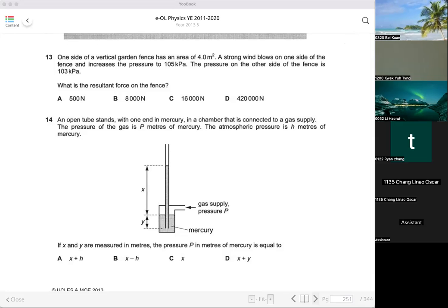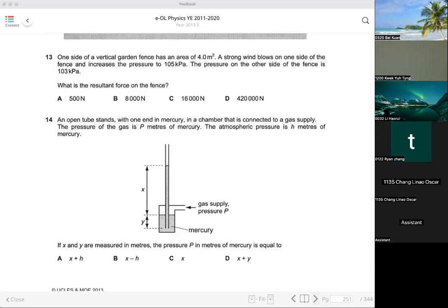Okay, I got my answer already. Huaxing, I'll ask you, for the pressure P to be able to push the mercury up like this, would the gas pressure be greater or less than the atmospheric pressure? Okay, you go and try again yourself. Howry, well done. Oscar, well done. Ryan, well done. Bei Kwan, well done. Okay, Yuting, well done.